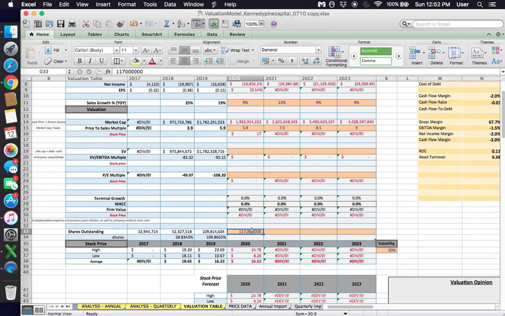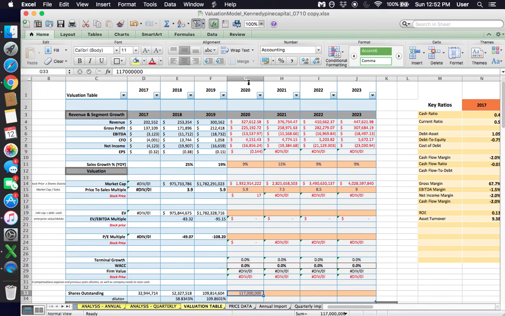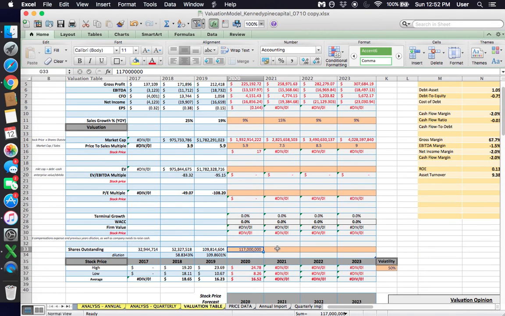then we also estimated our shares outstanding, right? They told us the shares outstanding would be 117 for 2020. We got that number. Now we can go ahead and say let's do a 10% growth in the shares outstanding.